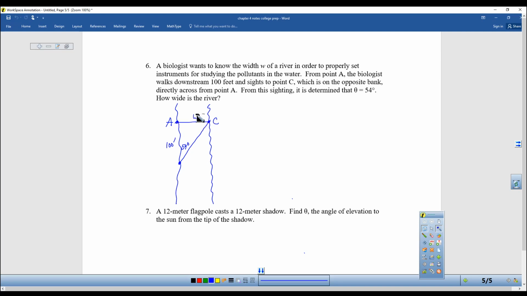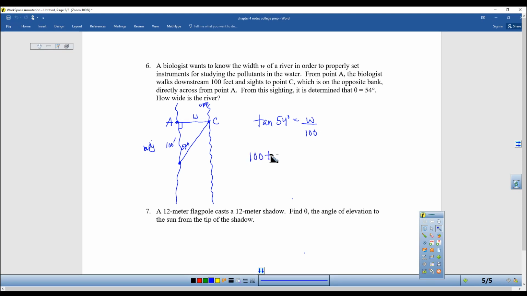Can he find the width of the river? Absolutely. So W is across from the 54, so this side is considered opposite, and this side is considered adjacent. Hypotenuse is always the one across from the right angle. So tangent of 54 is equal to opposite over adjacent.